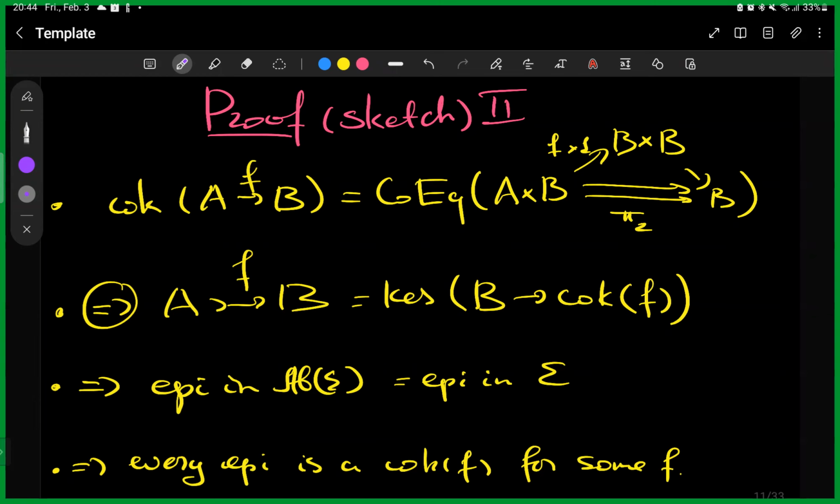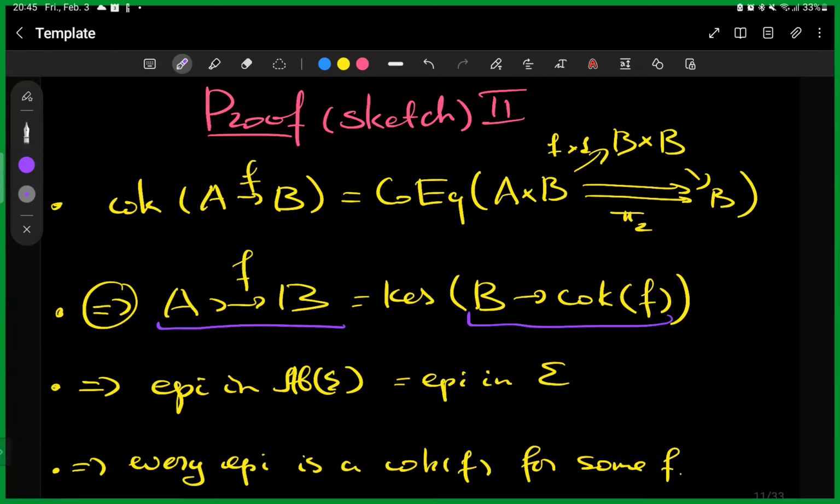This implies that if we have a monomorphism in the category of abelian group objects, then we can compute it as a kernel of the map to the co-kernel, which is a familiar property for abelian groups, for example.